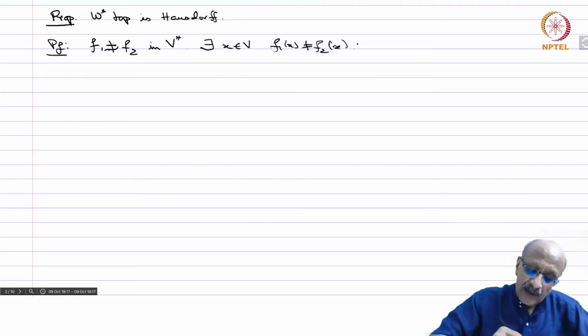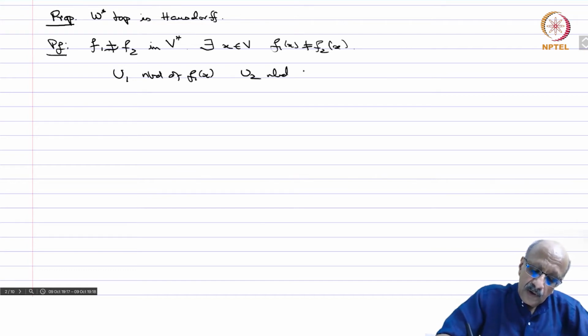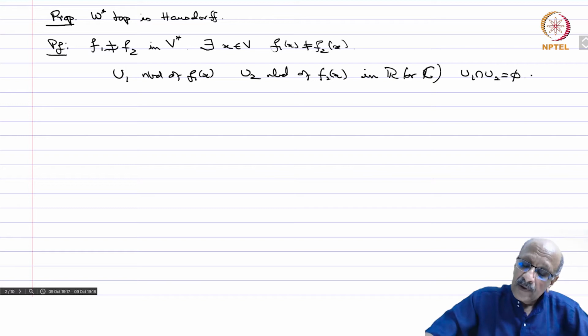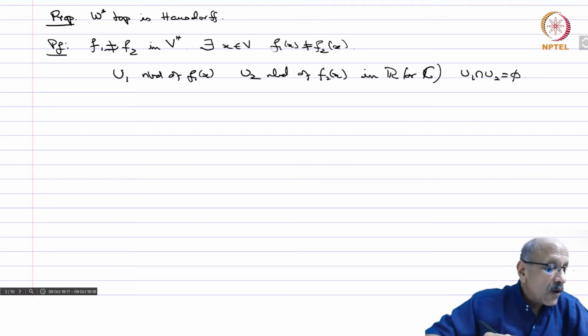So let us take U1 a neighborhood of f1(x), U2 a neighborhood of f2(x) in R or C if you are dealing with complex spaces. Then U1 intersection U2 is empty because the real line or complex plane is itself Hausdorff.